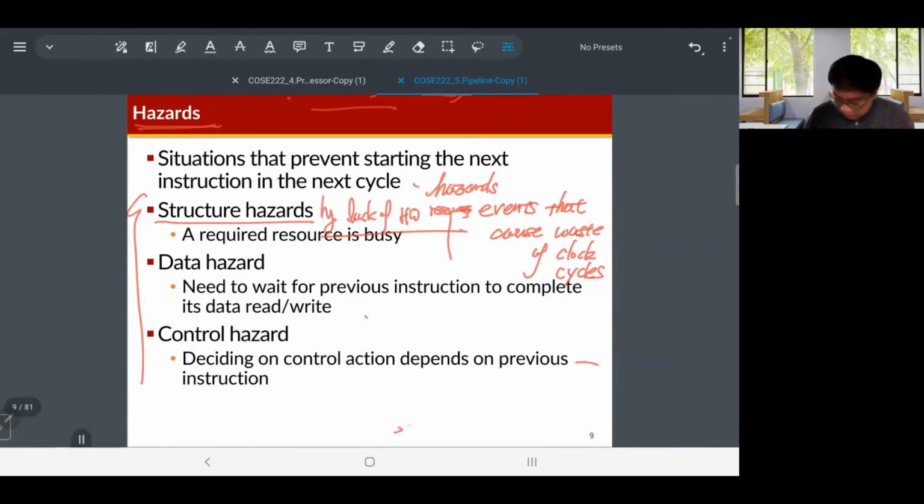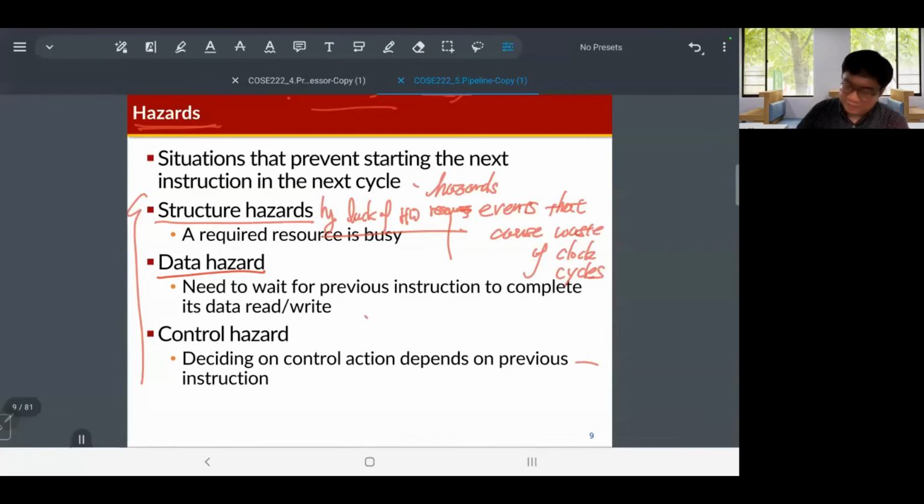Then what is the data hazard? Data hazards are caused by data dependencies between instructions. What does that mean?